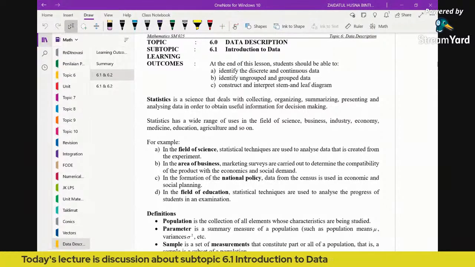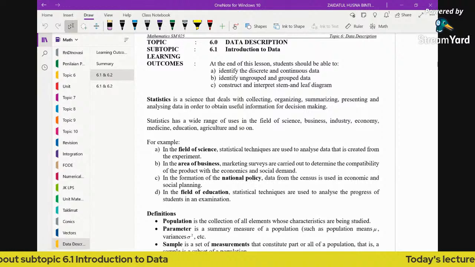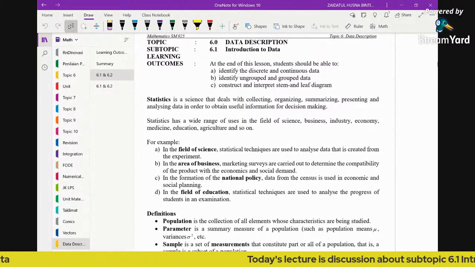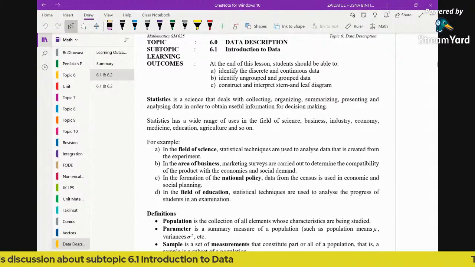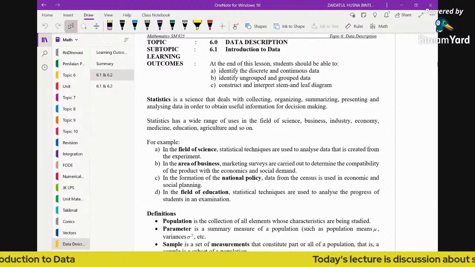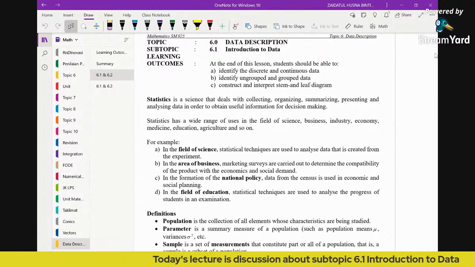Because this is quite special, amendments have been made. We have only a short period of time to cover quite a lot of learning outcomes, so I need to go through the notes, seeing what is important and what is not, so that we will be able to finish the contents on time.